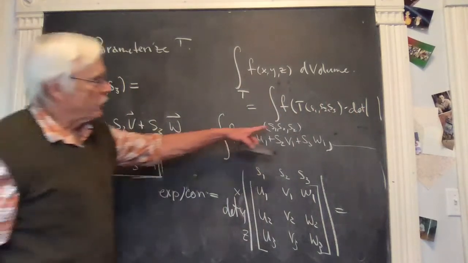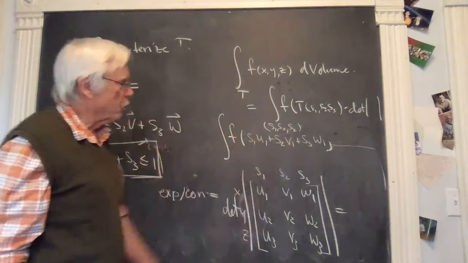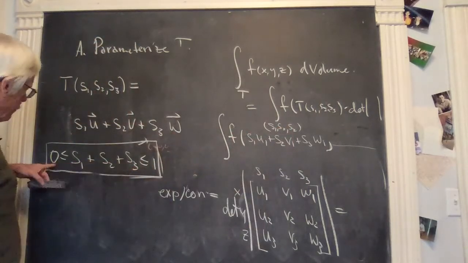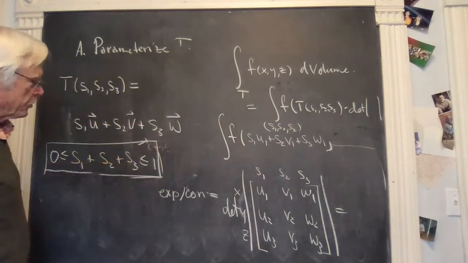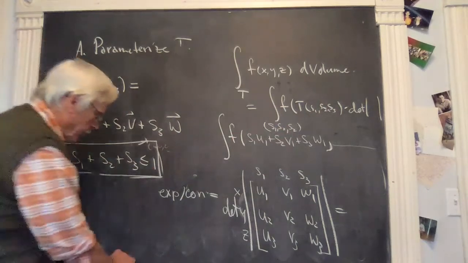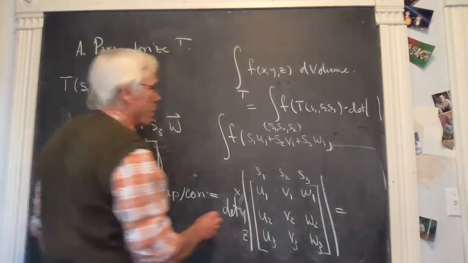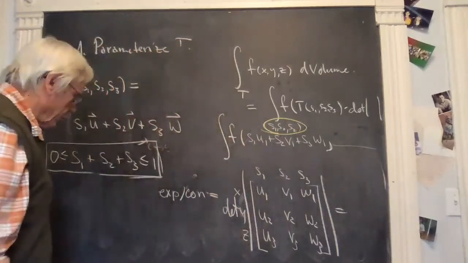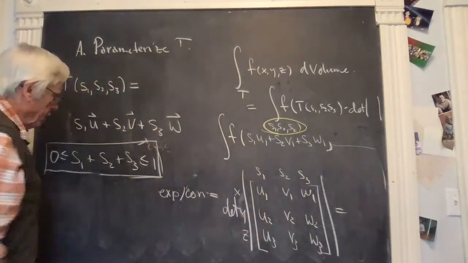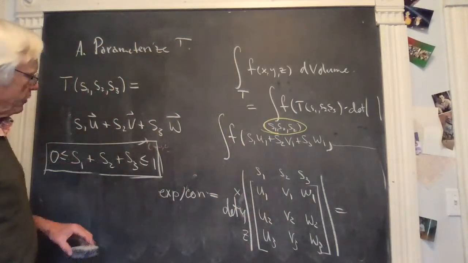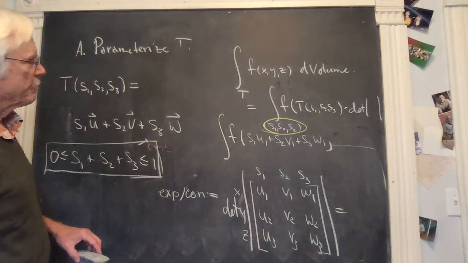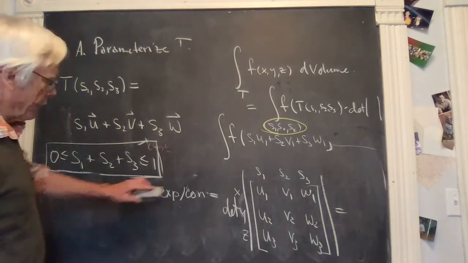And what we have to figure out is what S1, S2, S3 are varying over, where you have S1, S2, S3 all between 0 and 1. So that's what I'd like to focus on now. How does this work? Because this is not exactly rectangular here.